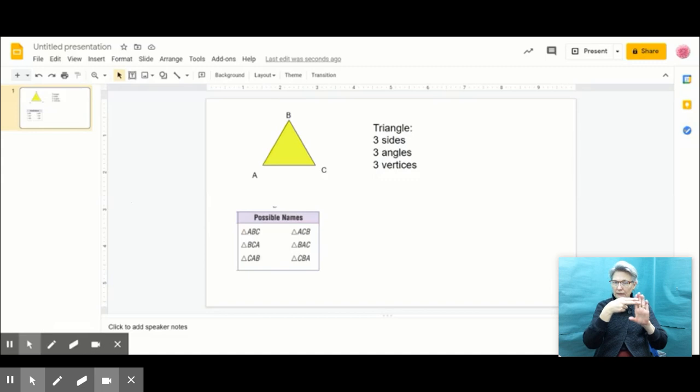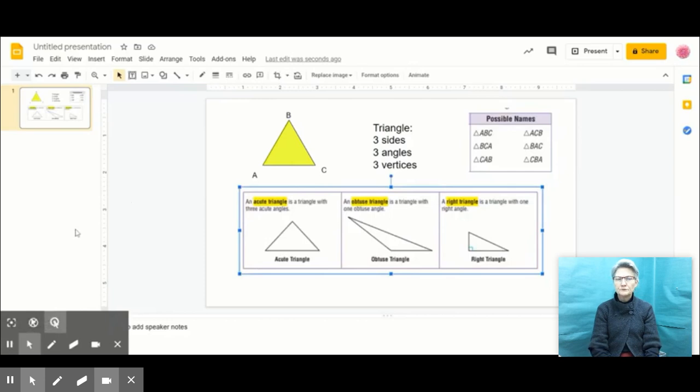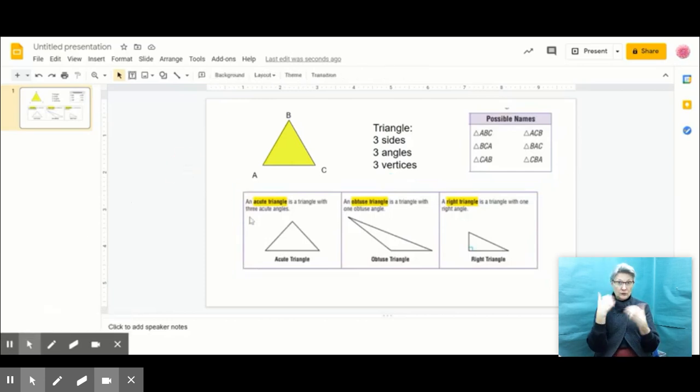Now, what I'm going to have you do is I want you to have your journal open to page 556. You're going to take a look at that, and I want you to really read about the different types of triangles. Really think about, what does that mean? So in case you don't have a journal, here's the chart that I'm asking you to look at on page 556, and you can feel free to pause the video to look at the chart in your journal, or to use the chart right here.